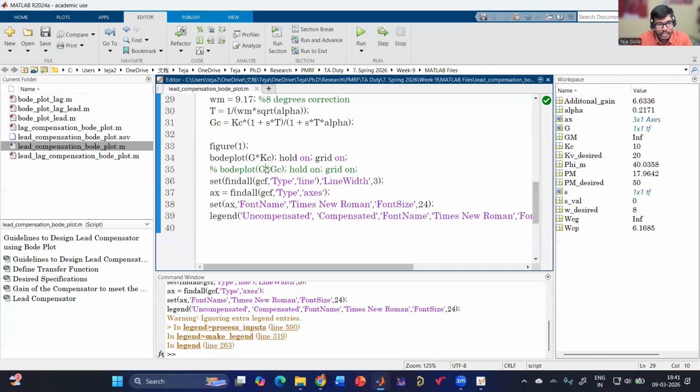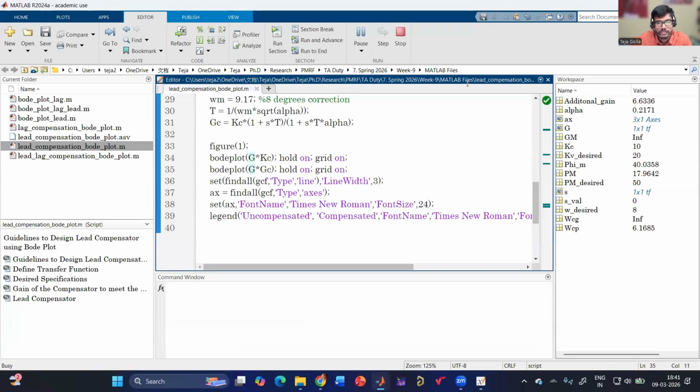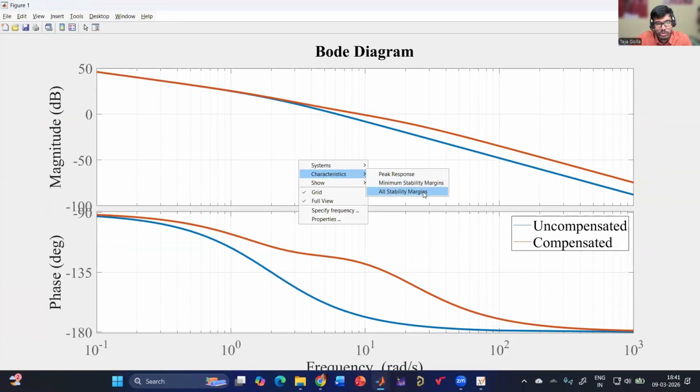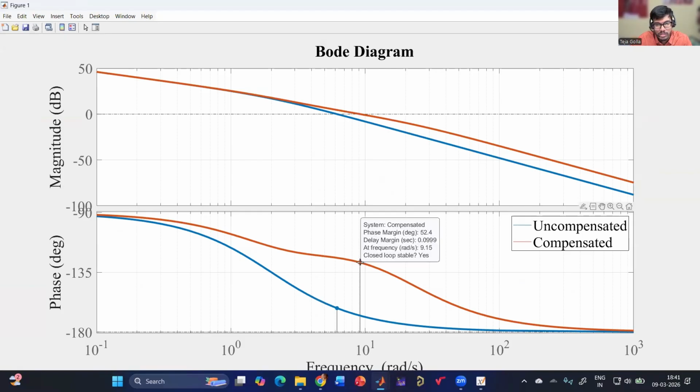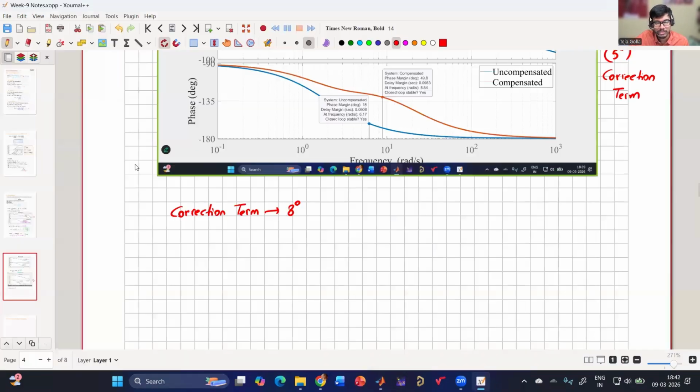Then I'll uncomment this and see how much my phase margin is. Looking at all stability margins, it has now increased to 52 degrees, which is exactly what I'm looking for, because I had assumed my correction factor to be 5 degrees and it was not sufficient. So I will tweak the correction term, follow the same exact process, and see whether my design criteria are being met or not.